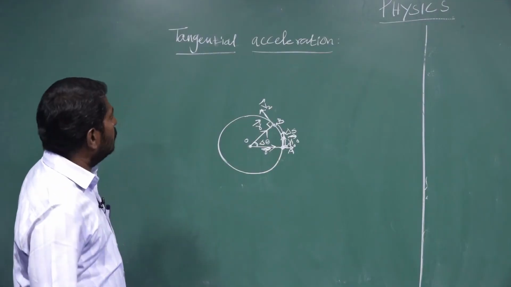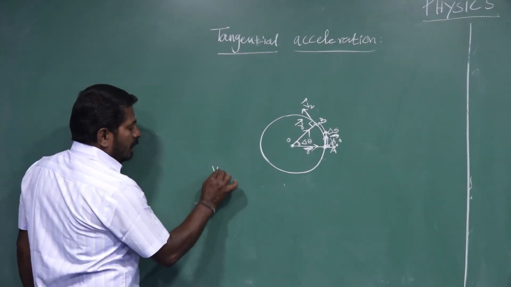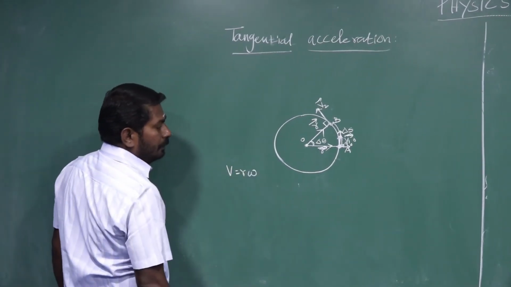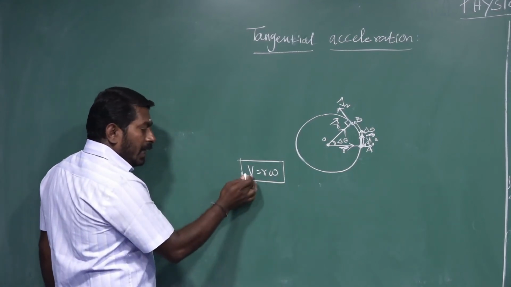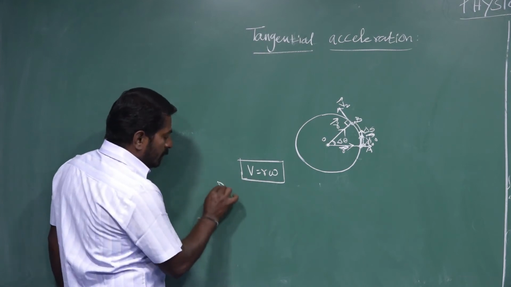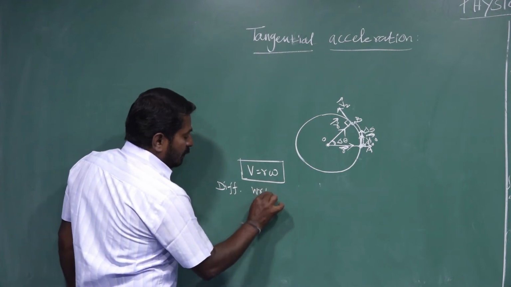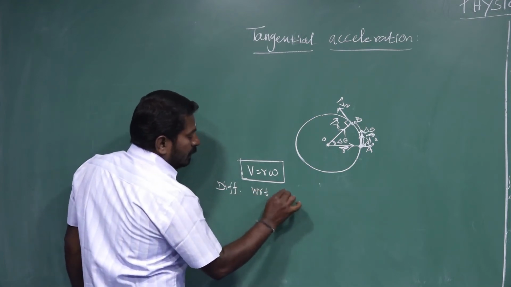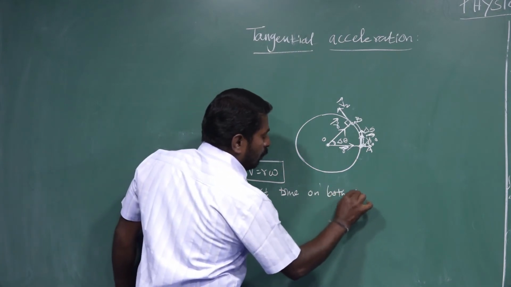So dear students, we know that the relation in a circular motion is v is equal to r omega. This is the equation. Differentiating this equation with respect to time on both the sides.